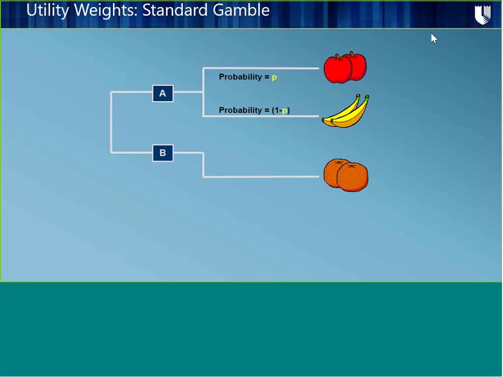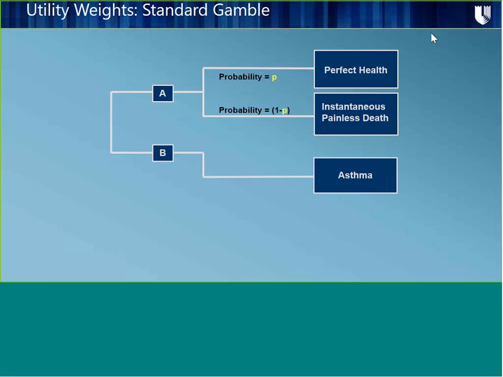This is a very difficult question to ask. It is treated as the gold standard for identifying utility weights for comparative effectiveness analysis, but it is an extremely difficult question, and it requires a very strong assumption that looks like this.